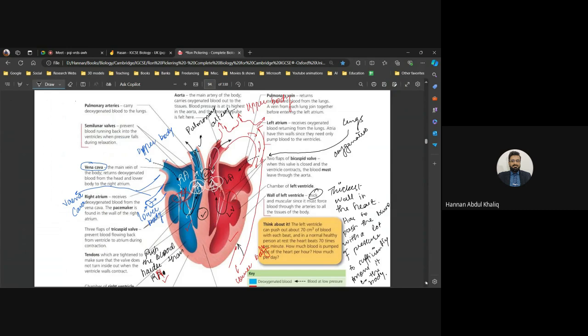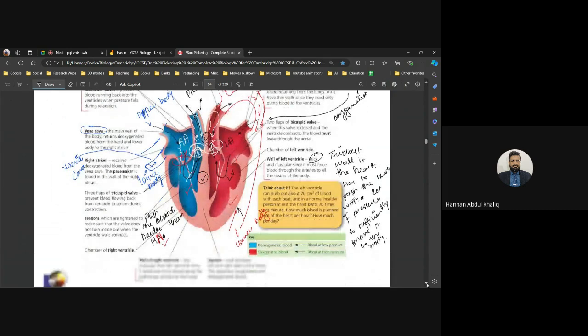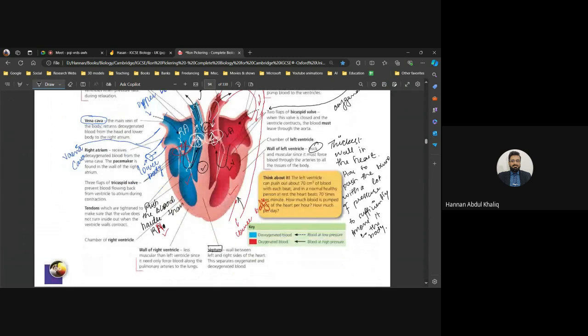This particular wall is named the septum. I would tell you its correct name. The interventricular septum.